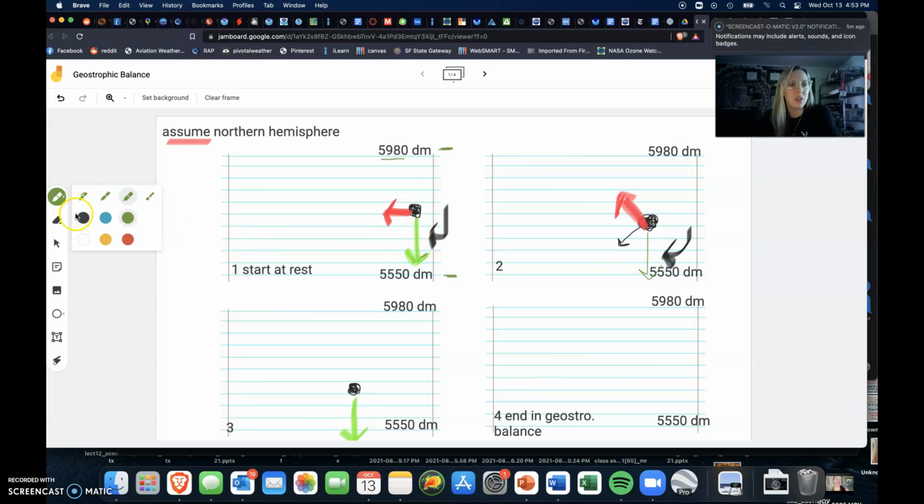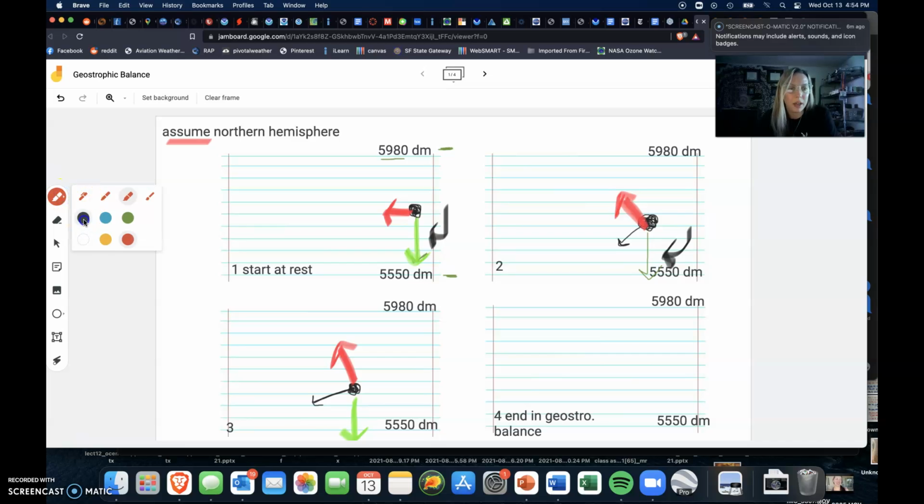But I'm still not quite in balance yet. We're getting there, but almost. But still my Coriolis is growing because my wind speed is increasing as I continue to go.